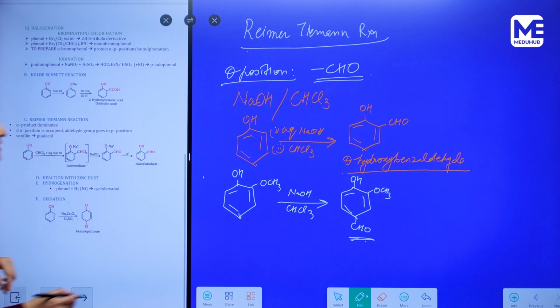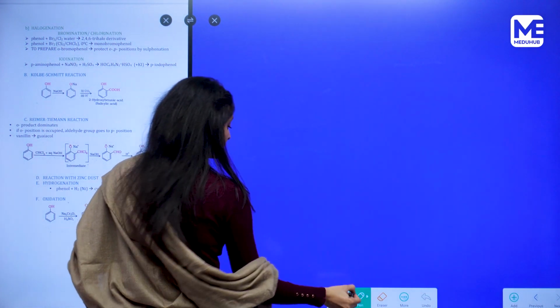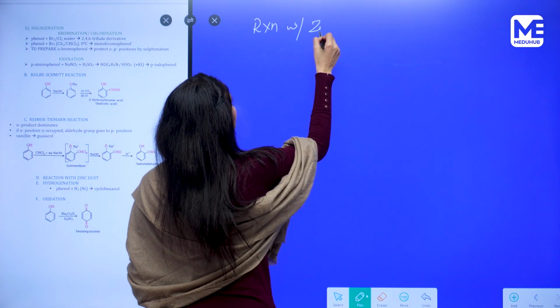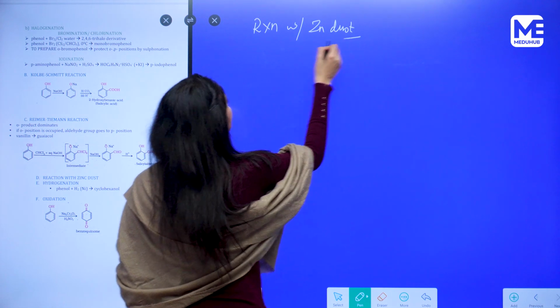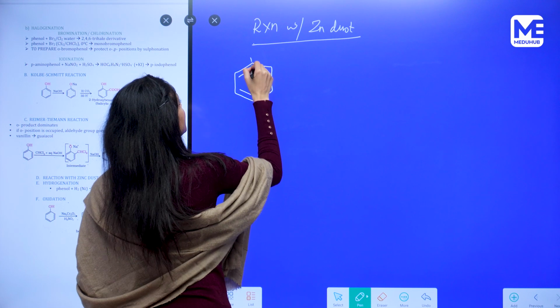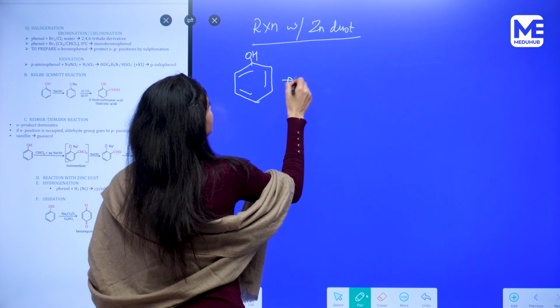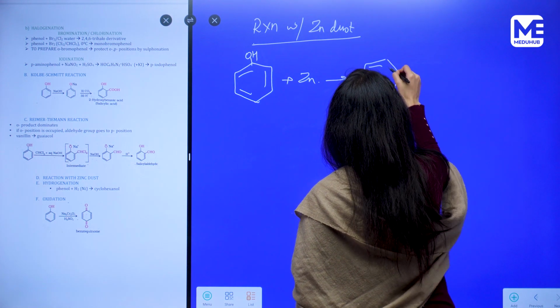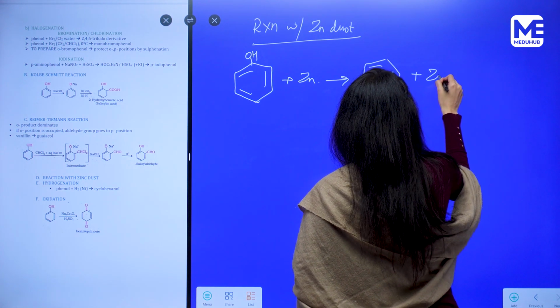Next is reaction with zinc dust. This we have done earlier in aromatic hydrocarbons. So if phenol reacts with zinc, we get benzene and ZnO.